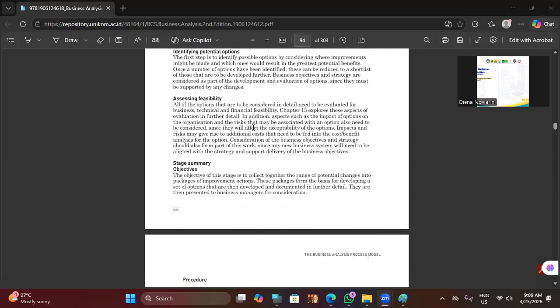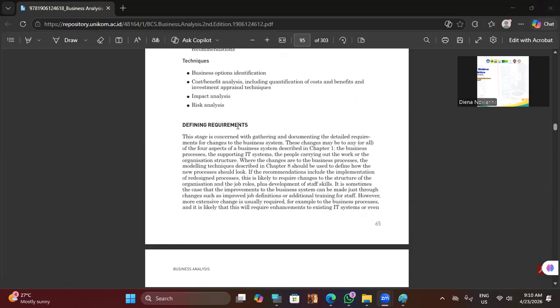In assessing feasibility, we consider the business objectives and strategy, since any new business system will need to be aligned with the strategy and support delivery of the business objectives. The objective of this stage is to collect together the range of potential changes into packages of improvement actions, and these packages form the basis for developing a set of options that are then developed and documented in further detail.